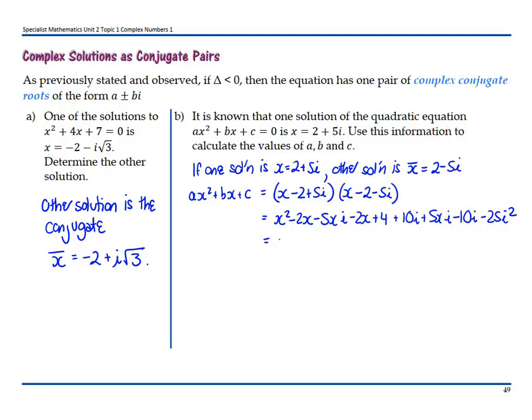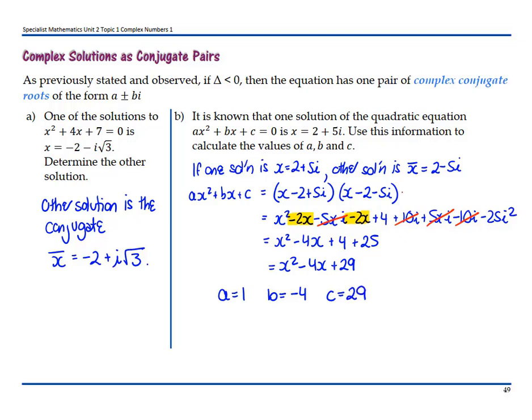So that means I have x squared minus 2x minus 2x, minus 4x, minus 5xi plus 5xi is gone. 10i minus 10i is gone. So that leaves us with plus 4 plus 25, which is x squared minus 4x plus 29. So that means our a equals 1 and b equals negative 4 and c equals 29.